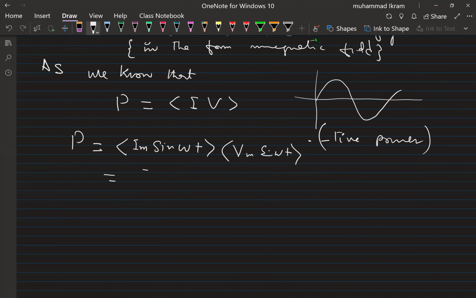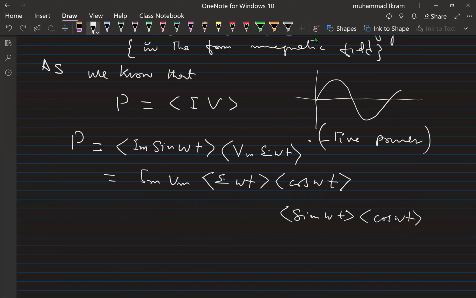So here for Im and Vm, and here the sine omega t, and here you have the cos omega t, right? So the sine omega t average value, and the cos omega t average value is 0.